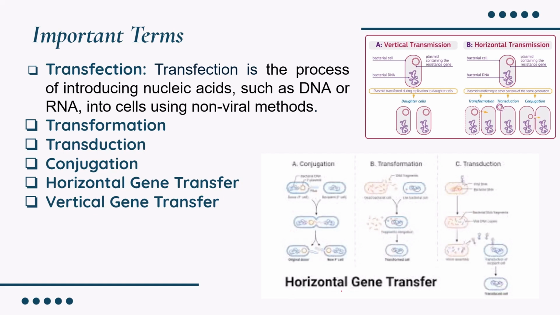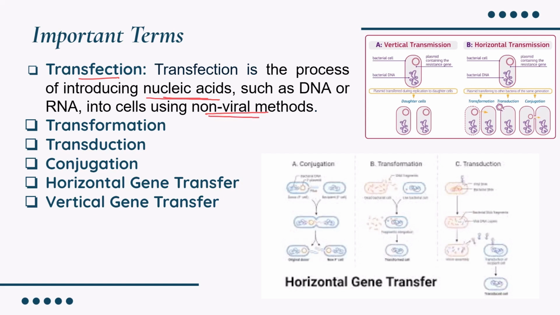Here we have some important terms. I just want to clarify these terms so that no confusion exists. Transfection is the process of introducing nucleic acids such as DNA or RNA into cells using a non-viral method.